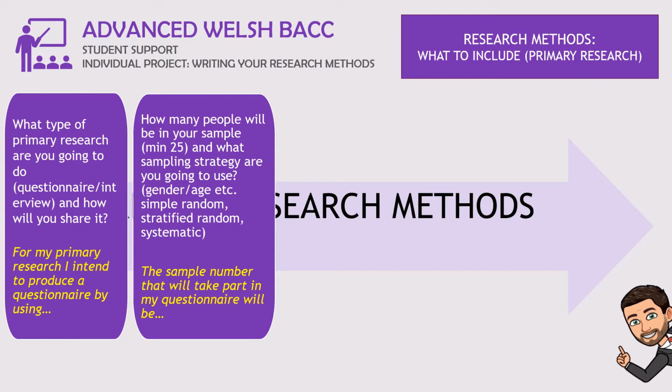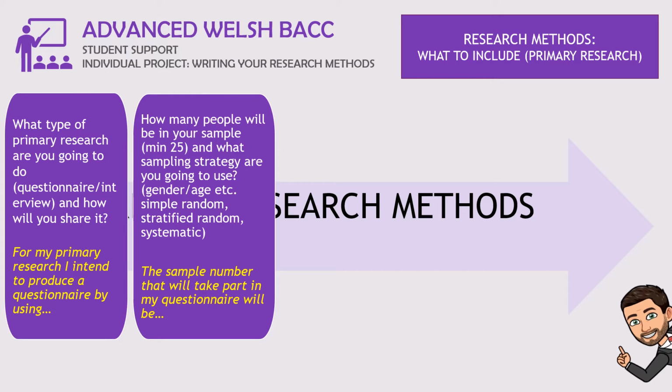And there are 3 approaches, which will be shown in the video later on: simple random, stratified random, and systematic. For the vast majority of you, it will be simple random that you will use for your questionnaire participants.